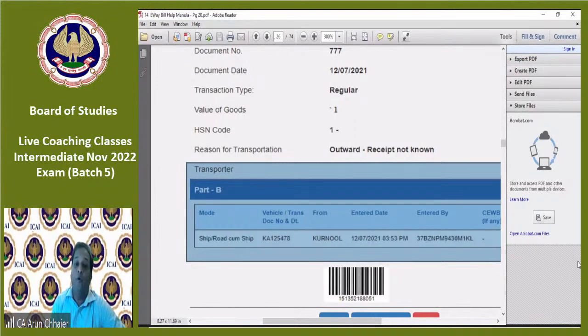But what is EWB02? Suppose multiple people have reached with their consignments, the transporter has to add the Part B in every EWB01, or we can generate the consolidated e-way bill, give the vehicle number only once and select all the Part A which are going by the same truck.